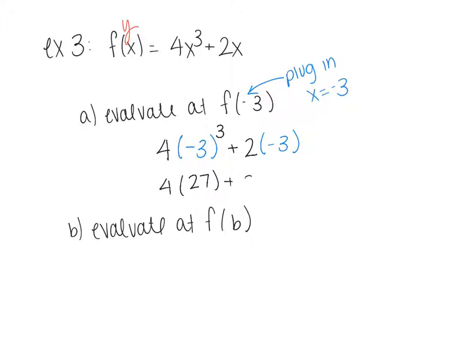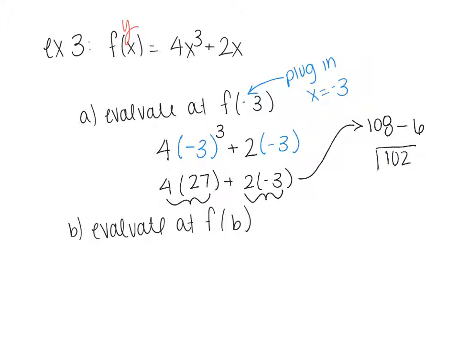Carry everything down. Now do your multiplication. 27 times 4 gives you 108. And then 2 times -3 gives you -6. 108 minus 6 gives you 102. So that is your answer.